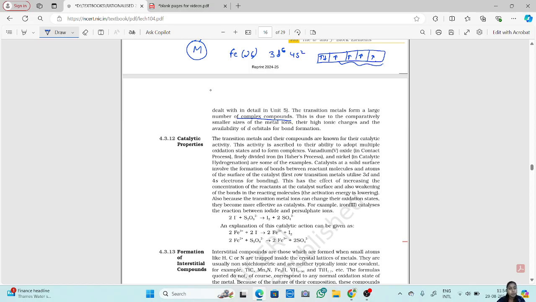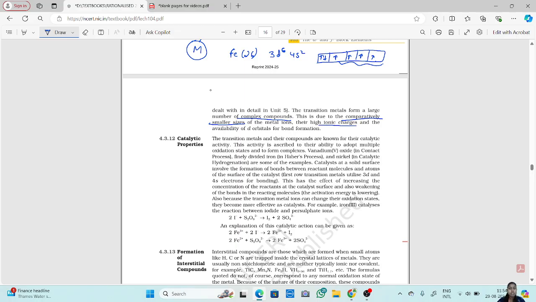Now, why do transition elements form a large number of complex compounds? Mainly because of their comparatively smaller size, their smaller atomic or ionic radius, and their high ionic charges.